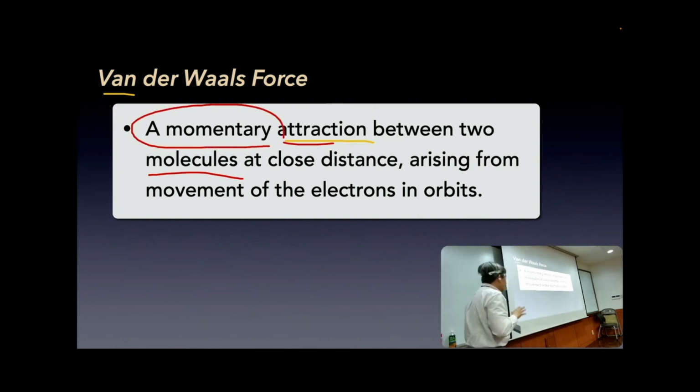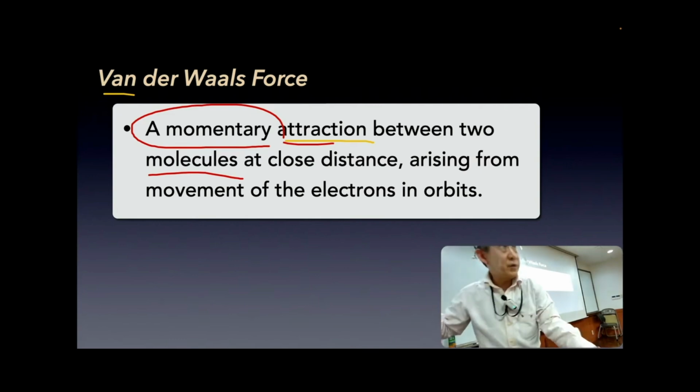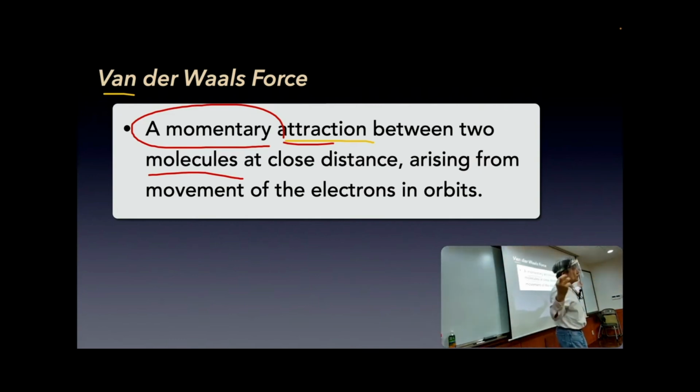temporary, tentative or momentary. It is an incidental reaction when two molecules or two elements approach each other to a very, very close distance, and somehow between these two substances, some attraction is generated. Why?